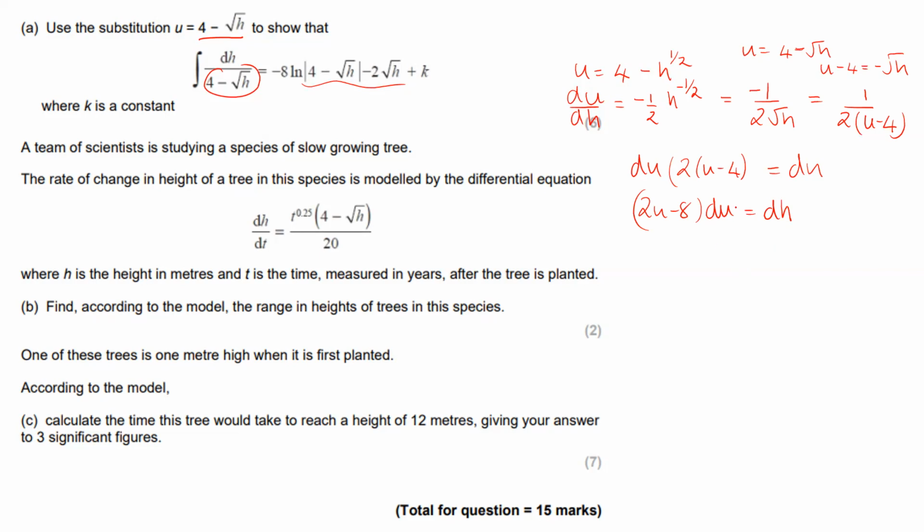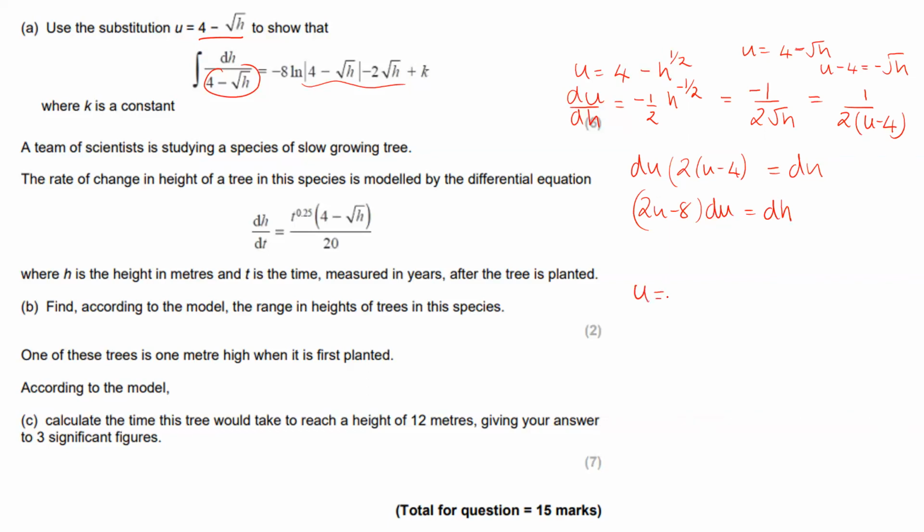Like in the last one, the du and dx were equal, but I need to have what stands for dh in terms of u. Everyone okay with that? How did you get the first line again? You're just differentiating.